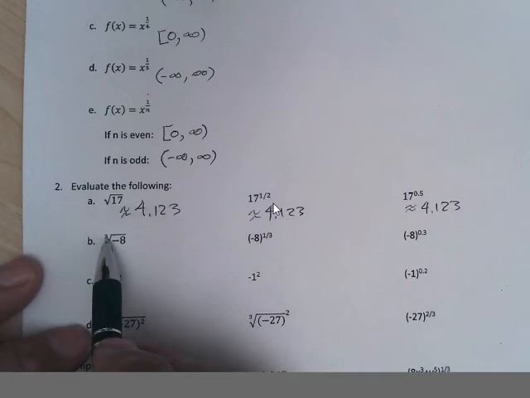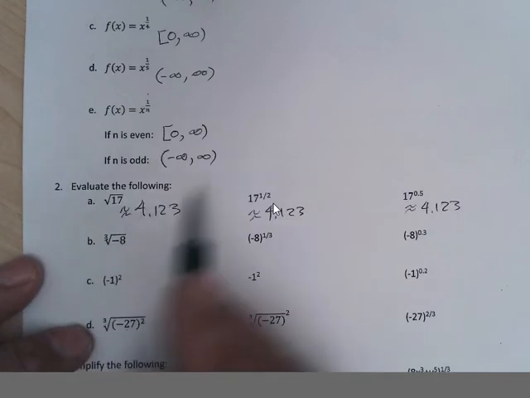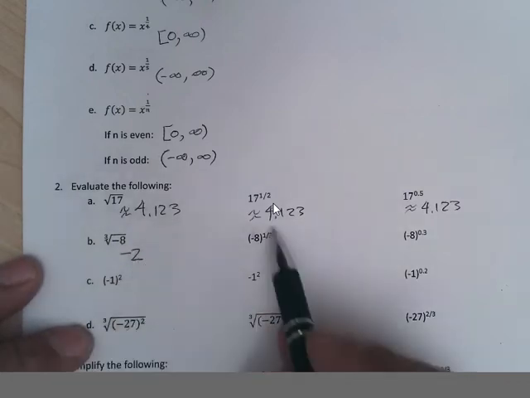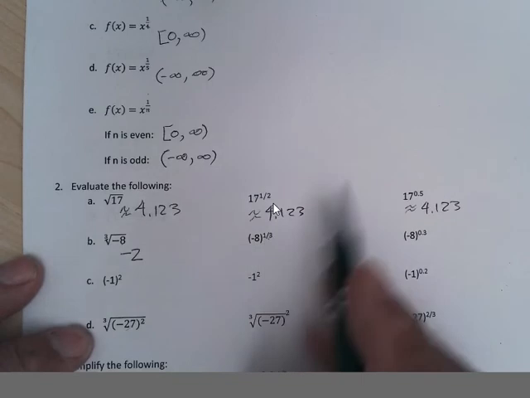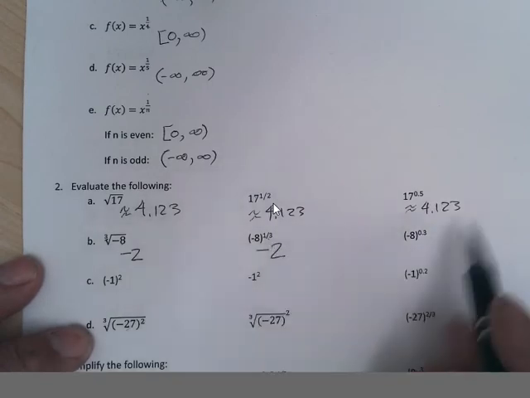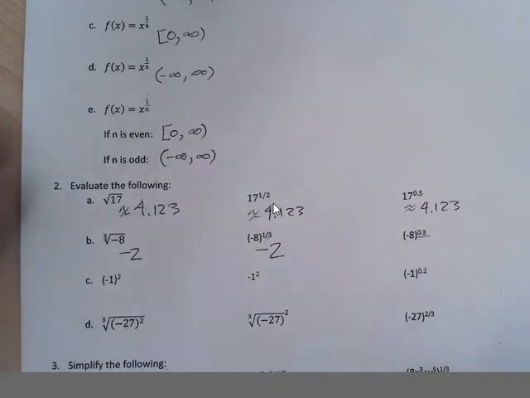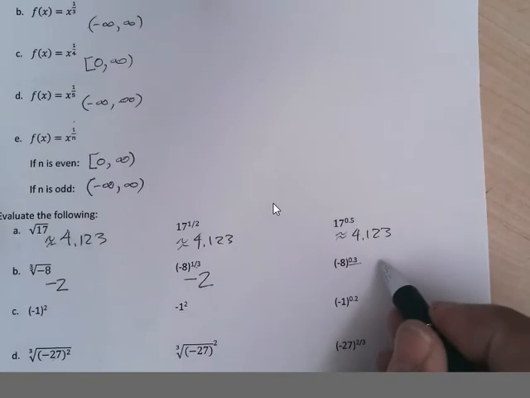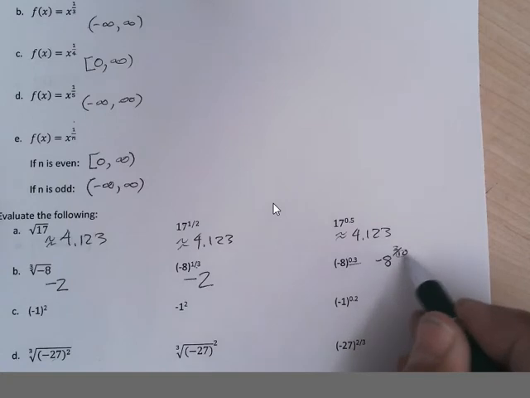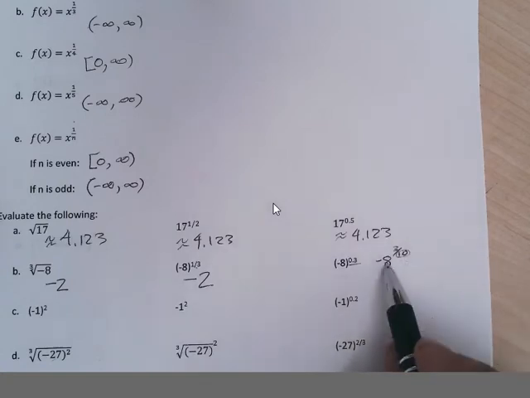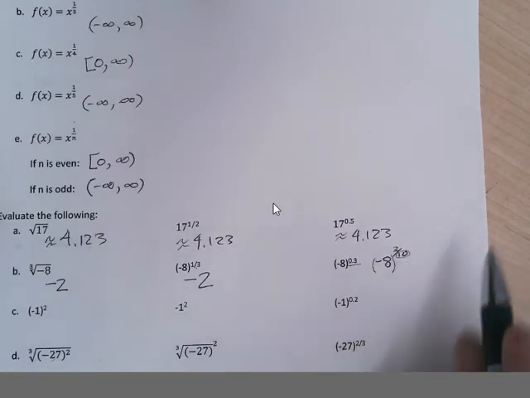What times itself 3 times makes -8? That would be -2. This asks the same question. The answer is -2. This does not ask that. That's not 1/3, that's 3/10. So -8 to the 3/10. Tenths is an even root, and you can't take an even root of a negative.